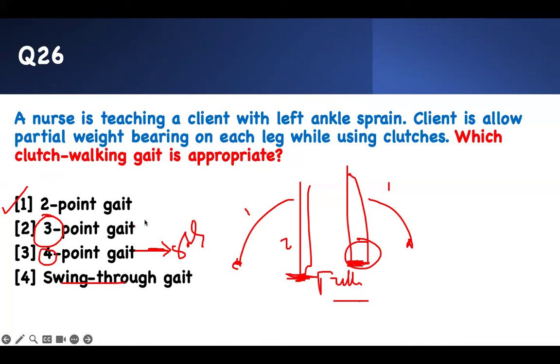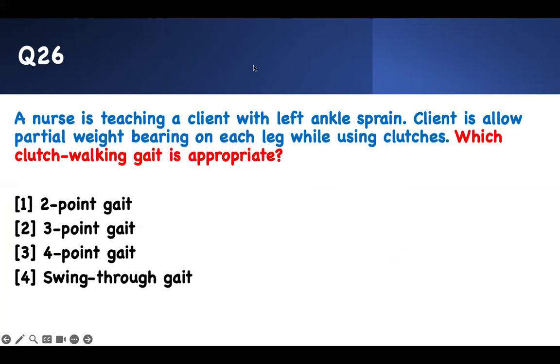Therefore, with 3, the injured foot is not touching the ground. With 4, you can touch the ground and bear weight on it. So this would be a 2 point gait when walking in this situation, since they can only bear weight partially.